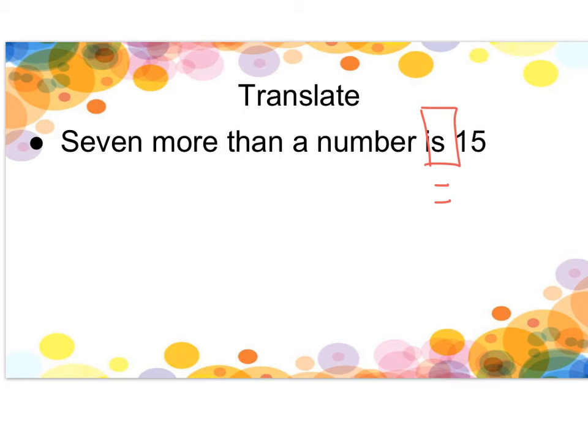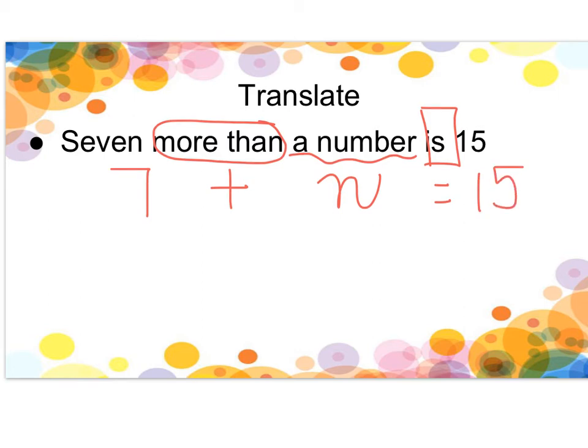So I have more than, and then I'm looking for my variable, and that's a number. And then I'm ready to translate. 7 more than is an addition sign. A number, I can use any variable, but I'm going to use n. Is an equal sign, and 15. So I've just translated from words to an equation this time.